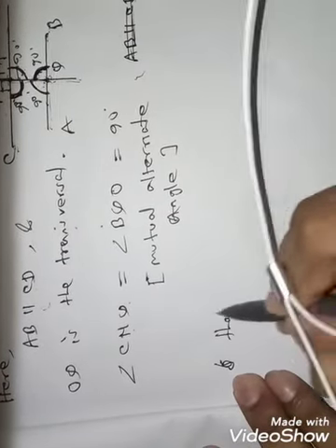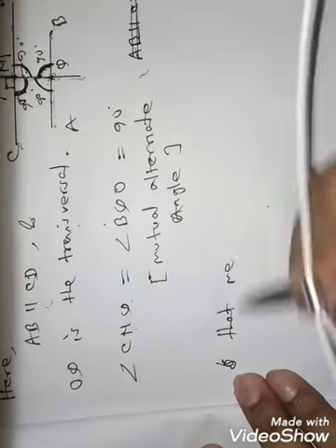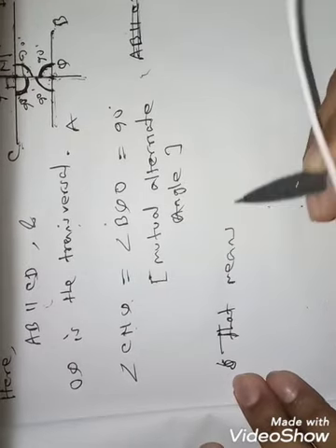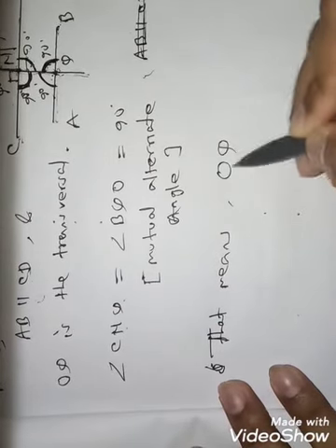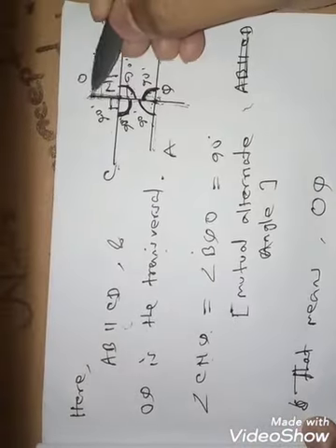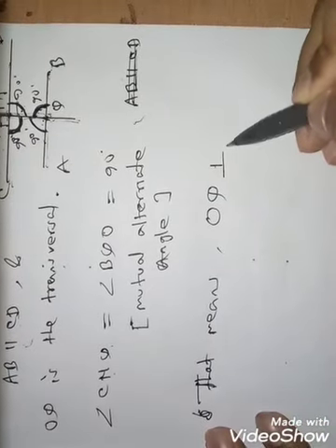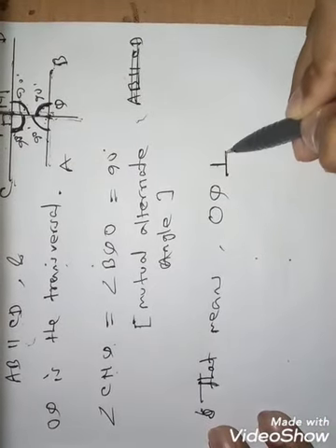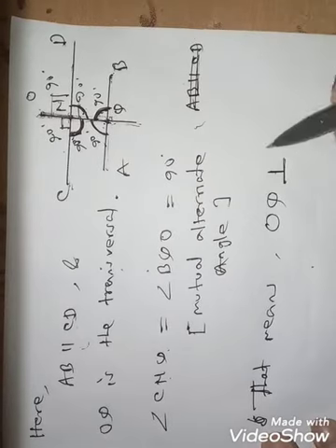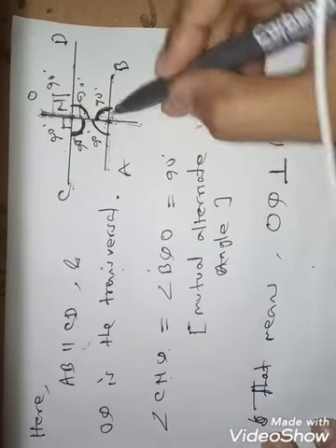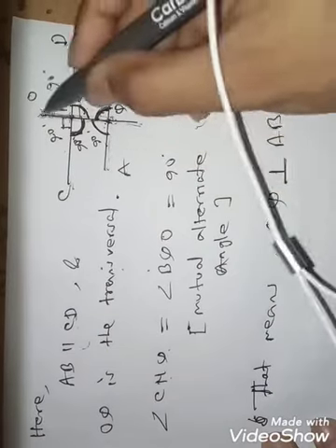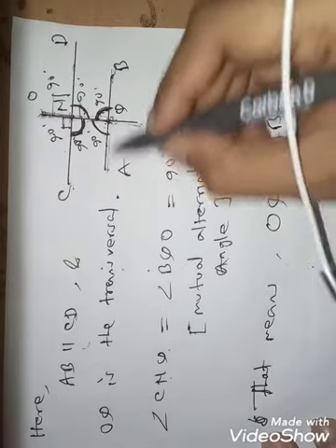That means OQ is perpendicular. This is the symbol of perpendicular. OQ is perpendicular to the chord AB. Since this one is 90 degrees, this line segment is perpendicular to the chord AB.